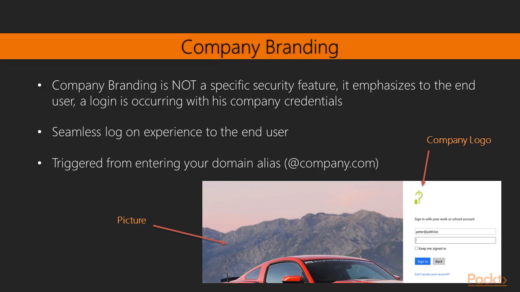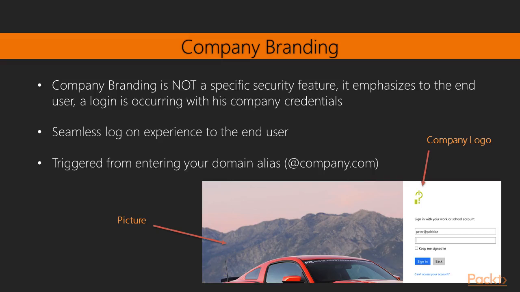Another feature we have is company branding. Now, company branding points to your authentication portal, the authentication window when connecting to Azure Active Directory, where company branding itself is not really a specific security feature like multi-factor authentication.